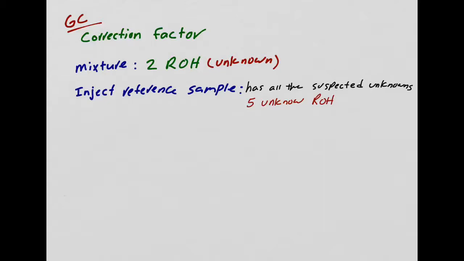Now, this reference sample, I'm also going to call it a standard mixture. And one more time, this standard mixture that we're going to inject first has 5 alcohols in it, and yours are 2 of those 5 alcohols.